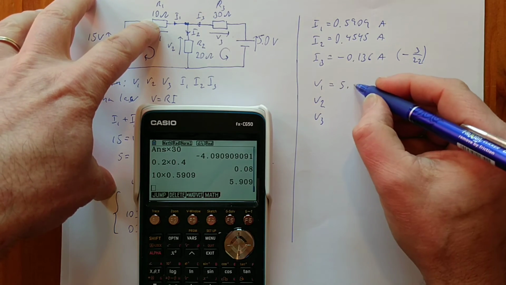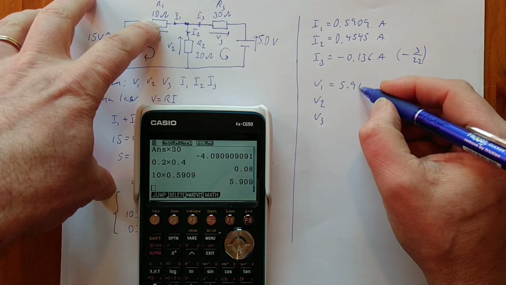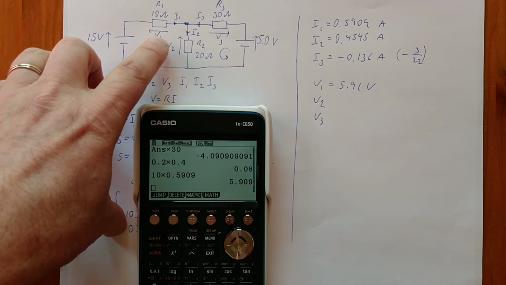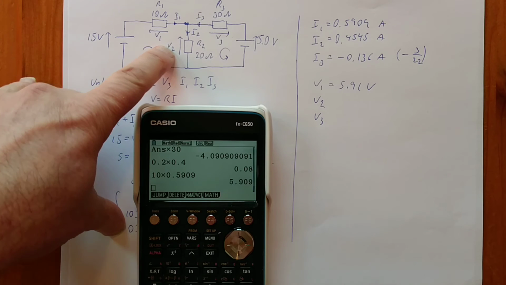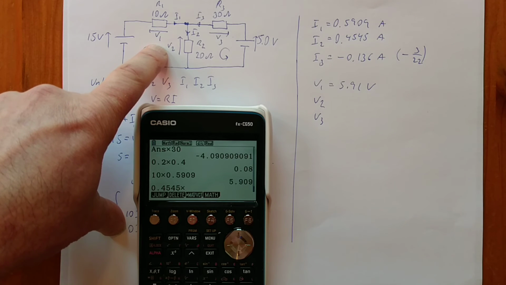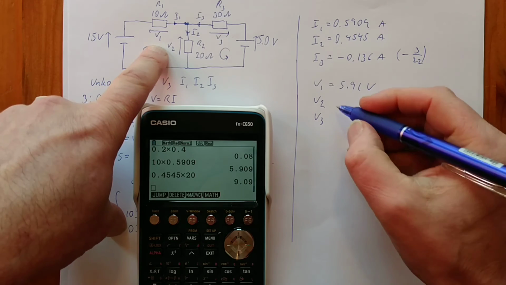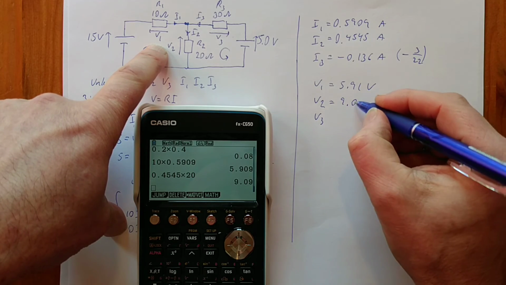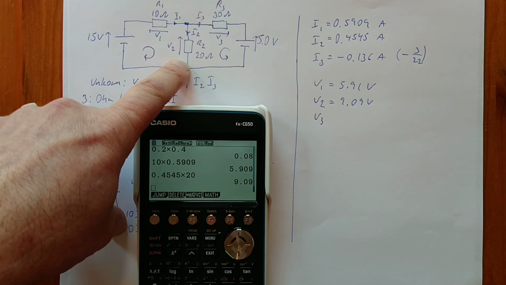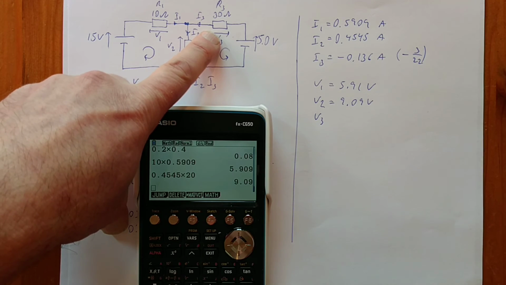That will be 5.91 volts. The V2, that is the voltage across this one, will be 0.4545 times 20, so 9.09 volts.